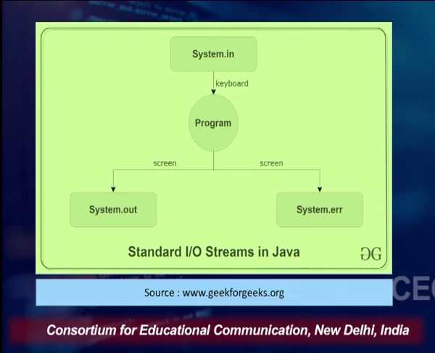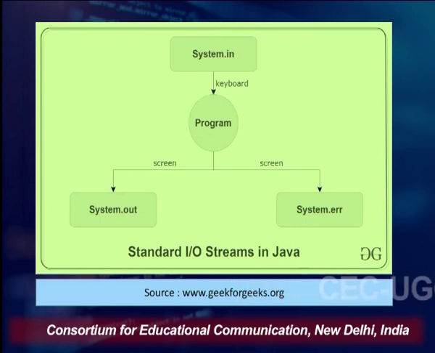And here, if you can see on the screen, there is System.in, which is an input stream. I have taken the device here as the keyboard, and the data is being fed into the program. After being processed through the program, this data, I am assuming, is going to be shown on the screen.